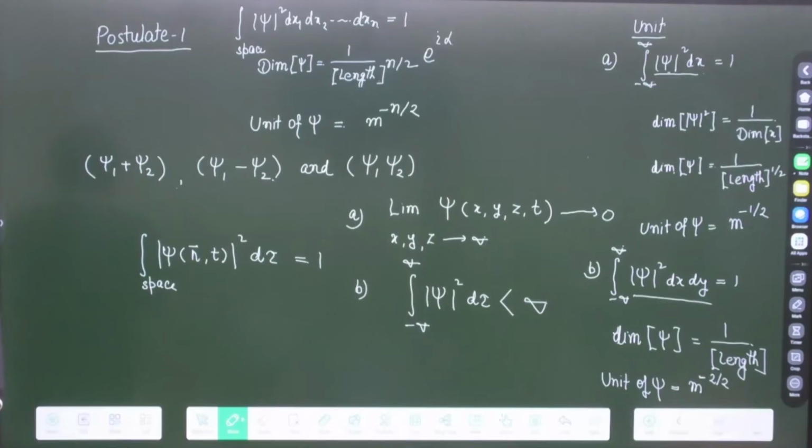So you are going to do that measurement with the help of operators. So next is measurement. When you operate these operators over these wave functions, by this process you are going to measure that physically measurable quantity. So in this way we are going to move one by one.